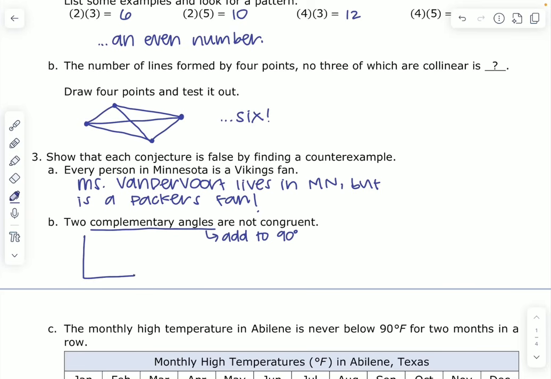I could draw a 90-degree angle, and if I cut this perfectly in half, I'm going to have 45 degrees and 45 degrees. I know that 45 plus 45 is 90, so these two angles are complementary. However, they're also congruent. 45 degrees equals 45 degrees. So there would be my counterexample.